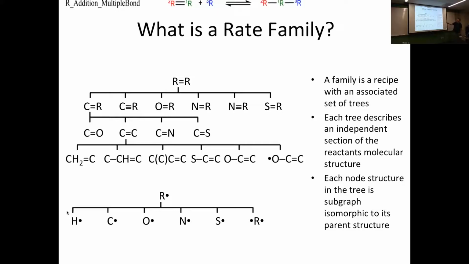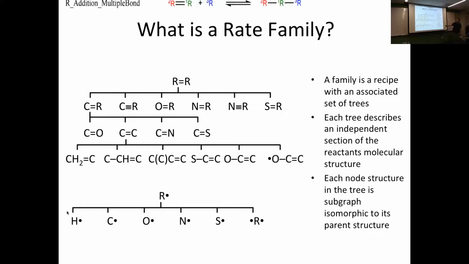And then what we do is we separate it and break this apart. So we have the double bonded thing and the radical thing, and then we make these trees off of it, covering all the sorts of things that these can be. So in this case, one of the R's could be any of these things, and then we can look at this specific one, C double bonded to R, and look at these individual possibilities.